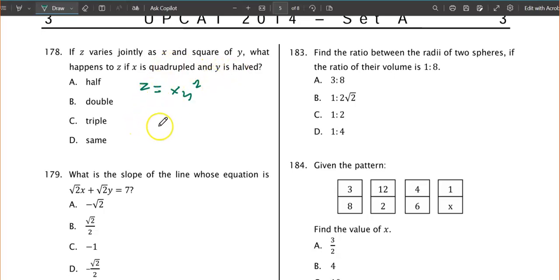So this is going to be 4x. And since y is half, when you square it, that gives you 1/4 y squared. If you simplify this, the 4 will be cancelled out. So you're going to get x y squared still, so the same.